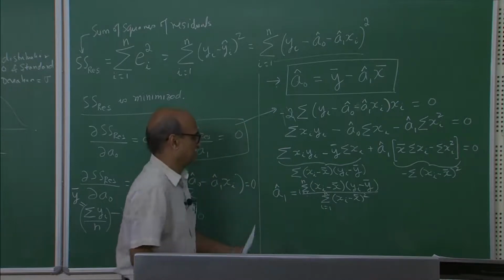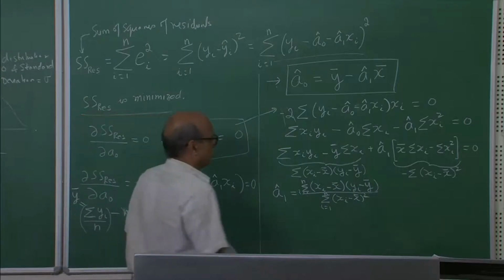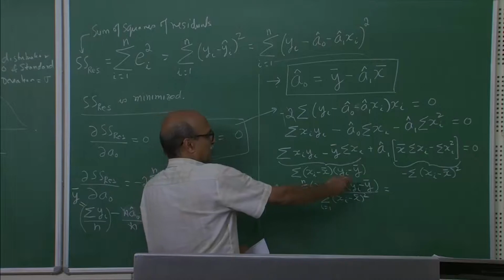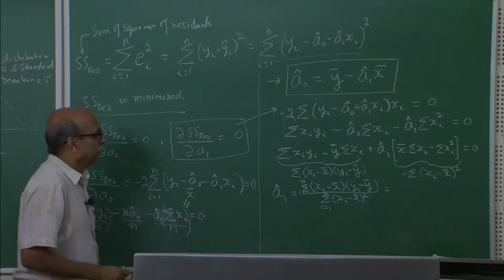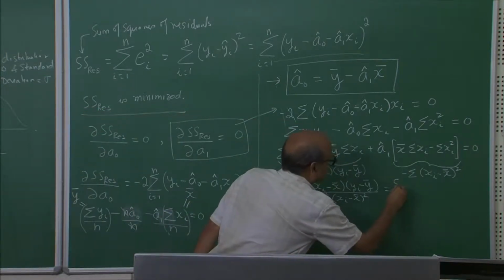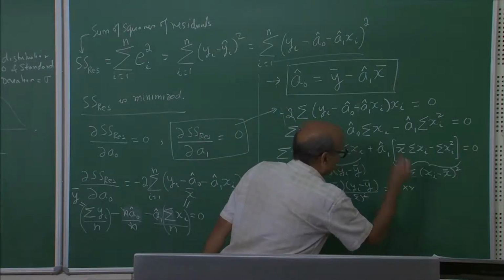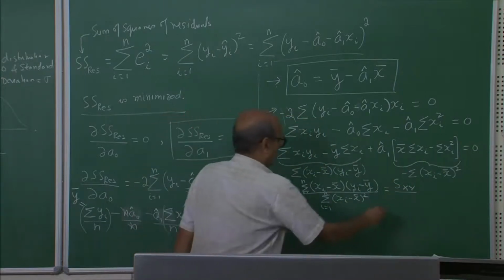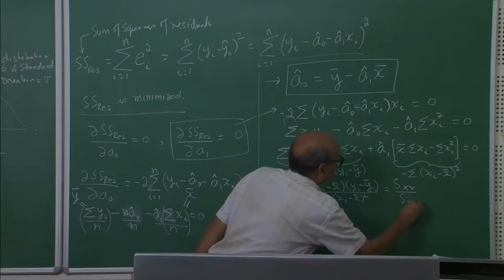Now, we can abbreviate this expression: the numerator, summation xi minus x bar times yi minus y bar, I will write with the symbol S subscript xy, and the denominator I will write as S subscript xx.